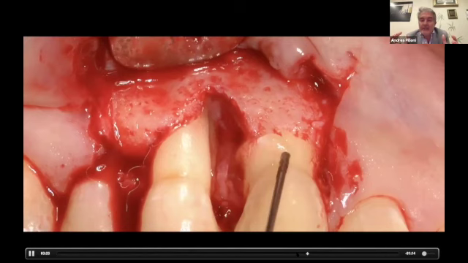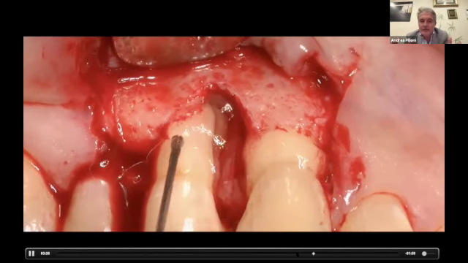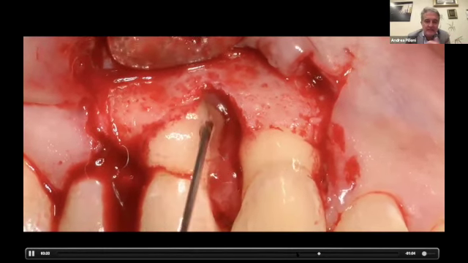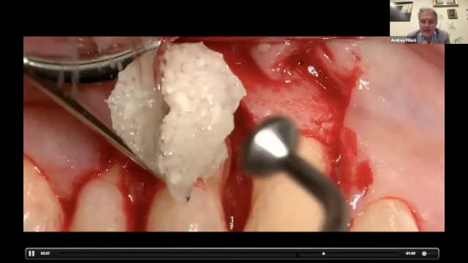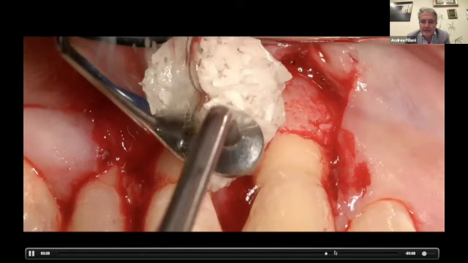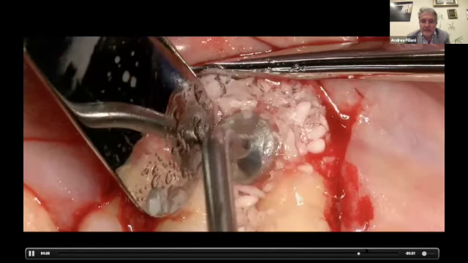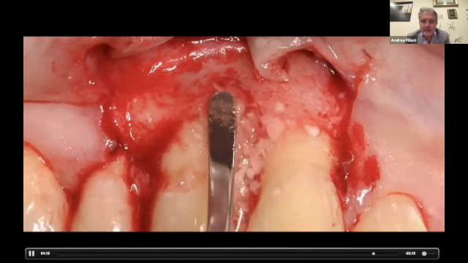We now need clot stabilization. We need this molecule to immediately interact with fluids, with cells, and of course we implement the area with the graft. So very quickly we put the graft and fill nicely the defect.